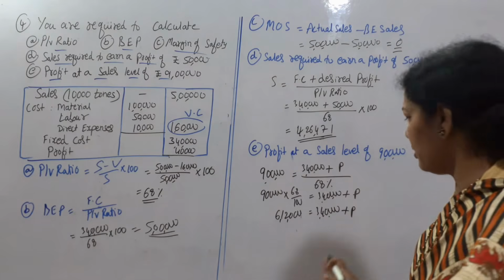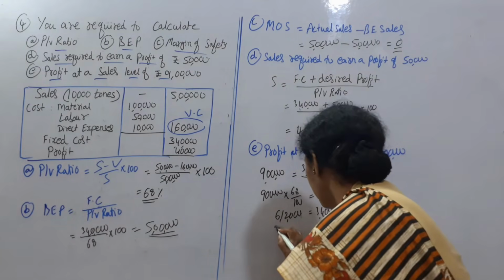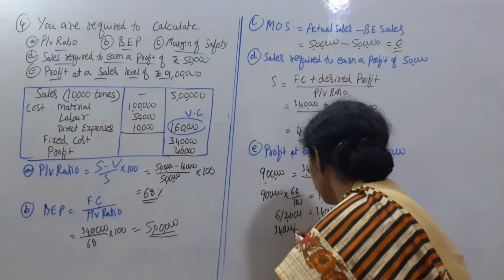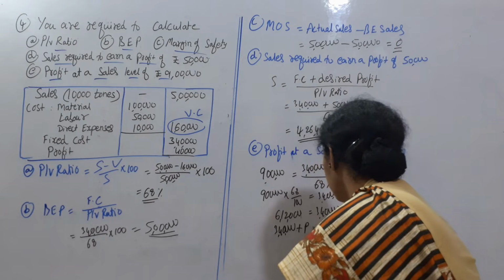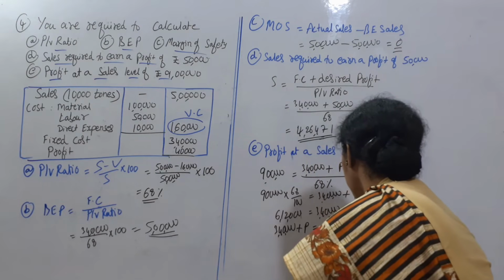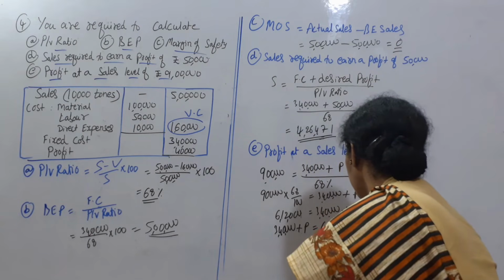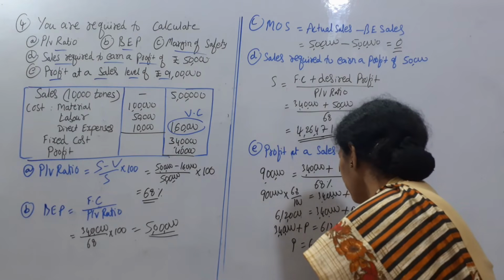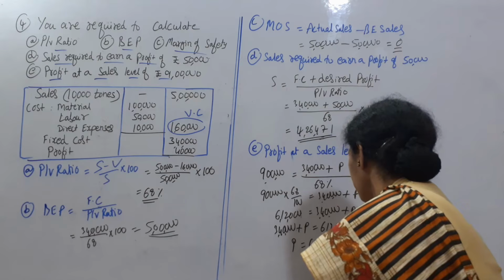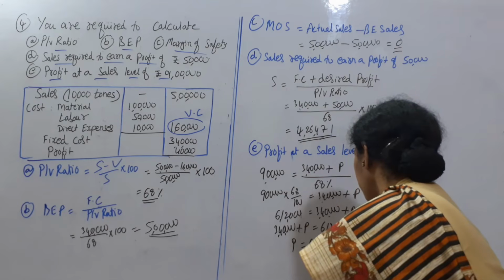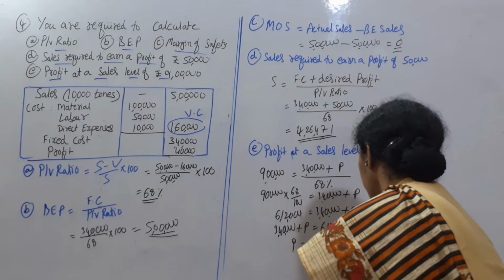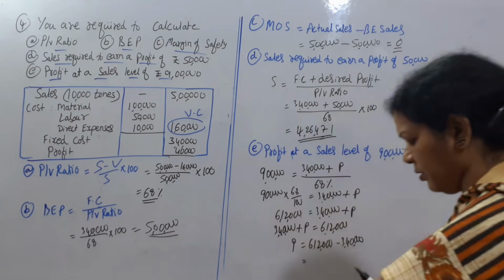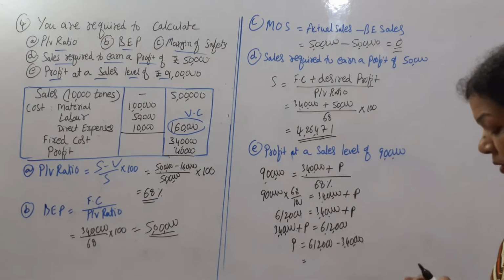So we'll take it to the left side: 3,40,000 plus profit is equal to 6,12,000. So profit is equal to 6,12,000 minus 3,40,000.